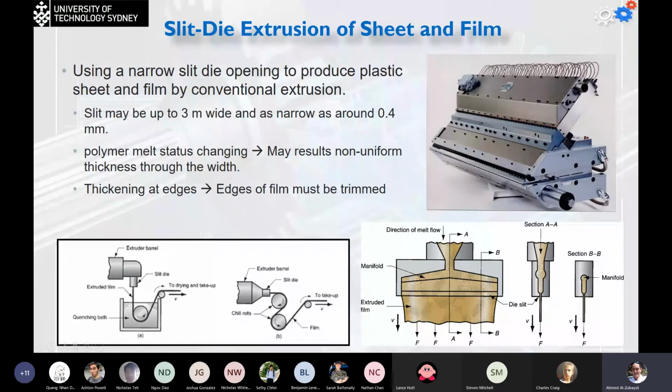So we send from one side, as you can see here, this is the top view, and it's going to be distributed over this thin, narrow slit, and we're going to have the extruded film come out from the other side.